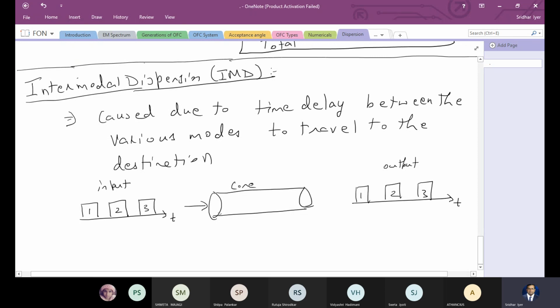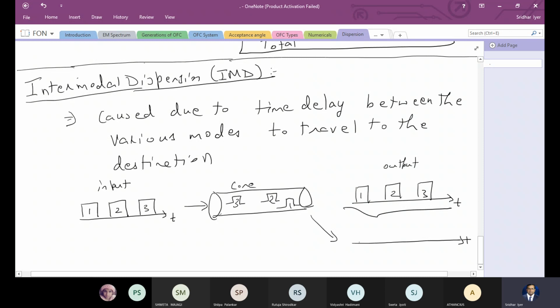But because of the presence of this intermodal dispersion, what happens is bit 1 may get delayed in regard to bit 2 and bit 3. So visually it may happen that bit 3 may be a little delayed compared to say bit 2 and bit 1. Therefore, instead of getting what we think of getting or what we desire, what you end up getting is something like this.